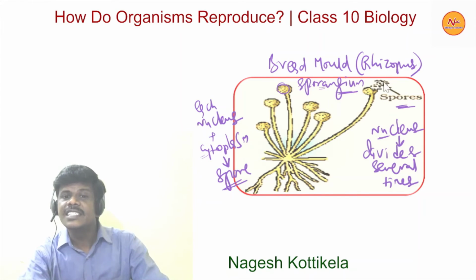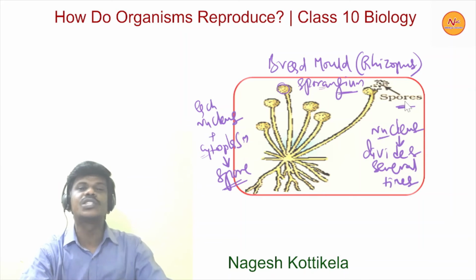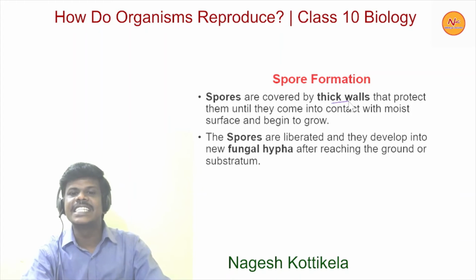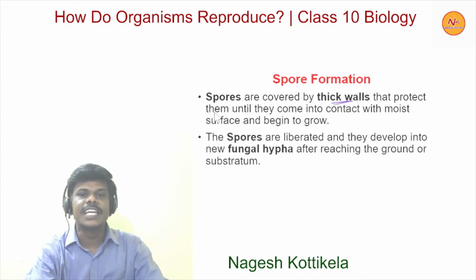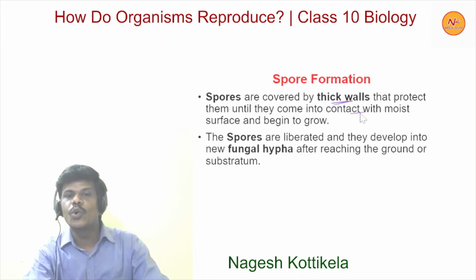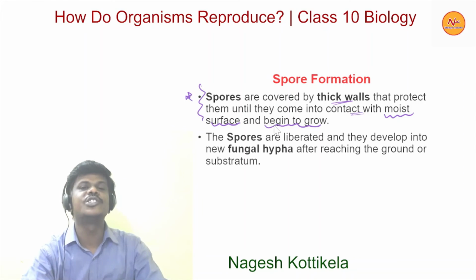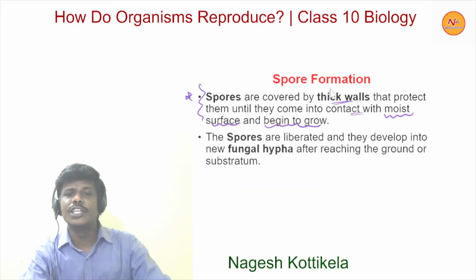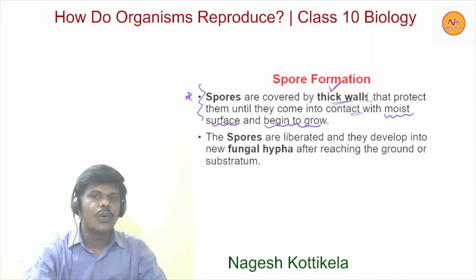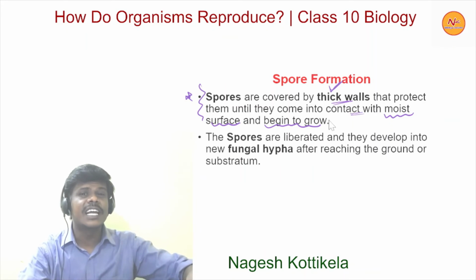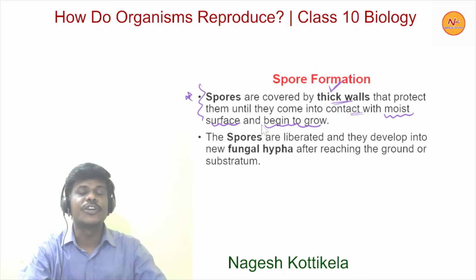Inside the sporangium several spores are present, and these spores are covered by thick walls that protect them until they come into contact with a moist surface and begin to grow. This is a very important statement.